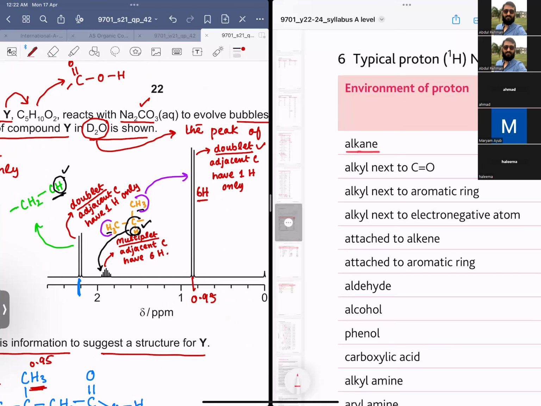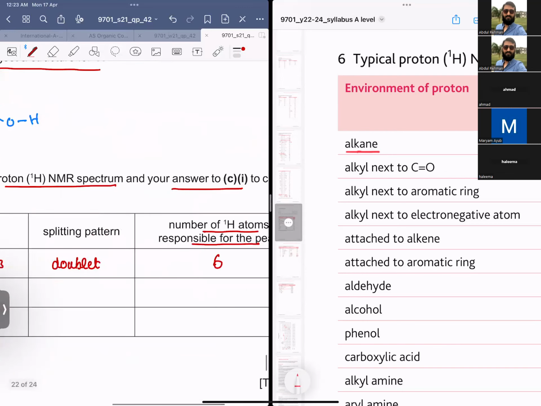That's why we can consider that these are the 6 hydrogens which are showing this peak. Is it clear now, Ahmed? Yes, sir. And this peak is very small, so it can be 1 hydrogen, and this peak is bigger, so it means there are 2 hydrogens over here. So we use the relative size of the peak, which helps us to identify the number of hydrogens.